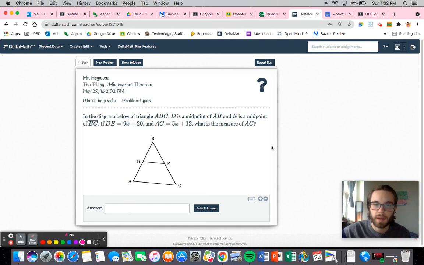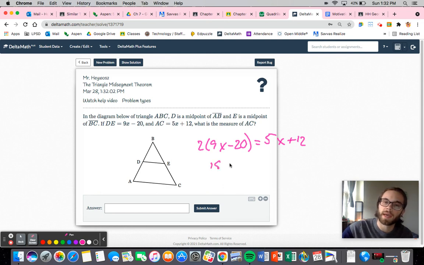Again, we have that this is a midsegment. So we know that this is half of this. So I'm going to multiply this times 2 to equal the other one. So 2 times 9x minus 20 equals 5x plus 12.